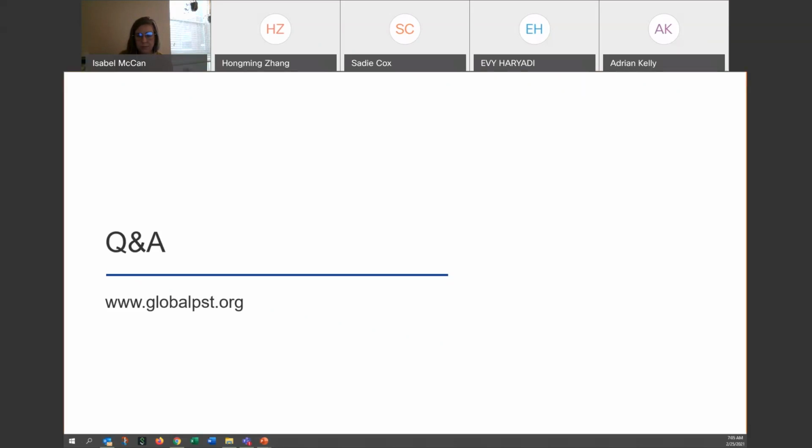We need maybe some benchmark from another utility, how they connect the weather forecast to the system. That's my opinion for this. All right, thank you.